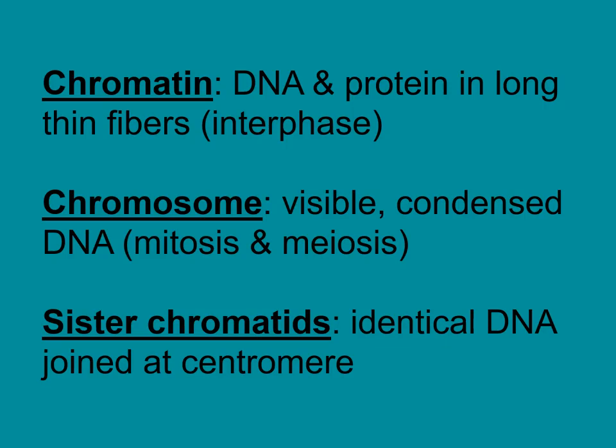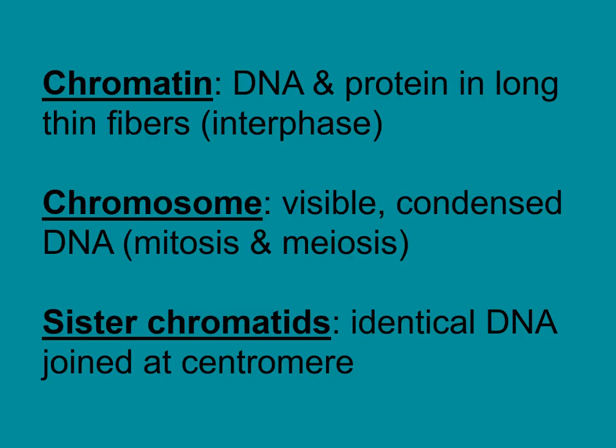As I said earlier, we use different terminology for DNA. It's all DNA. Chromatin is the term that we use to describe DNA when it is wrapped around those histones, those proteins, and even though it's tightly coiled up to a certain extent, compared to another stage, it's considered long.